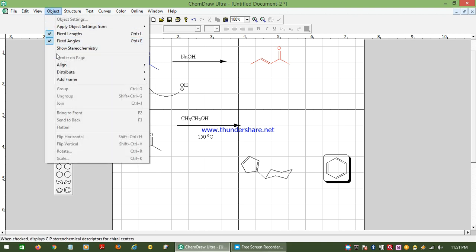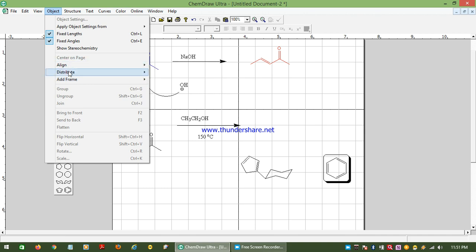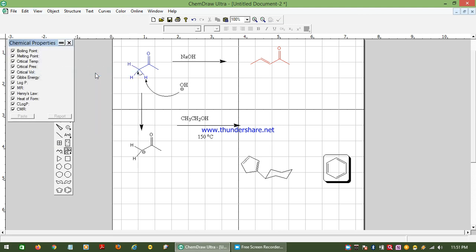Also in your object there is another thing, that is, yes, in your view we have analysis window that already we have seen, then chemical properties window, we have melting point, boiling point, critical temperature, those things you can see.